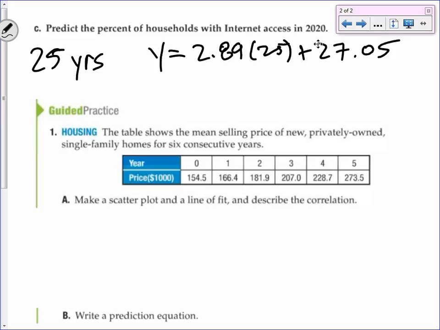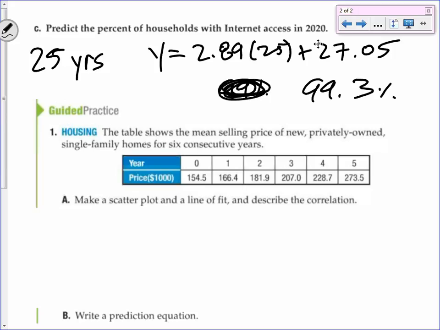So 2.89 times 25 plus 27.05. Using my calculator here. 99.3% should have internet access in 2020.